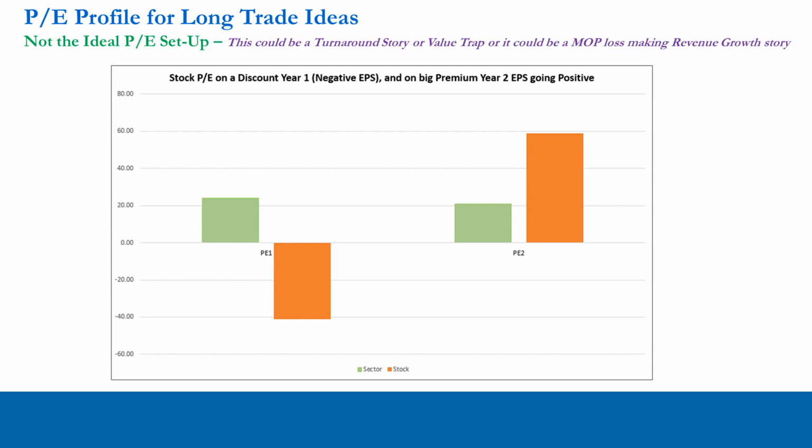So if you think about our case 9 scenario where we had negative earnings growth with a loss-making company in period 1, and then in period 2, we had a big jump positive in earnings growth, and the earnings growth was 100% in our example, so the company is essentially recovering all of its losses. So going from negative EPS to either flat or positive EPS.